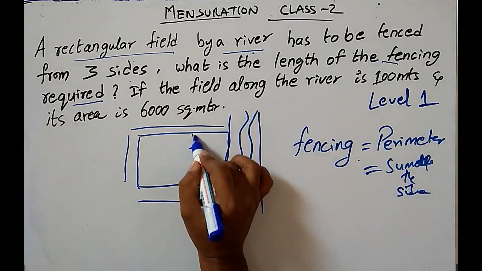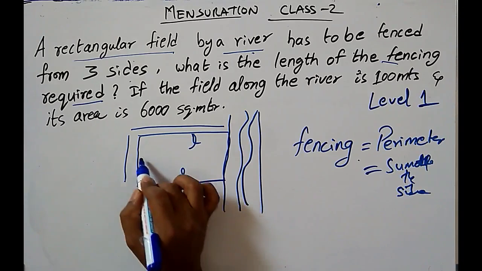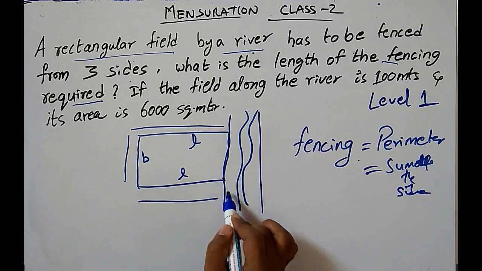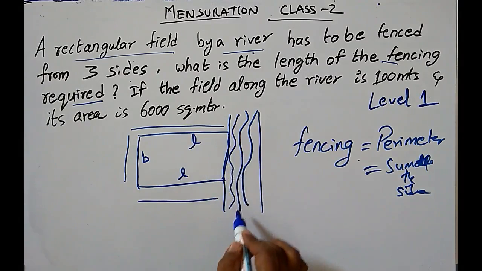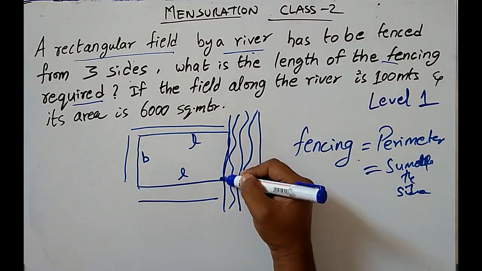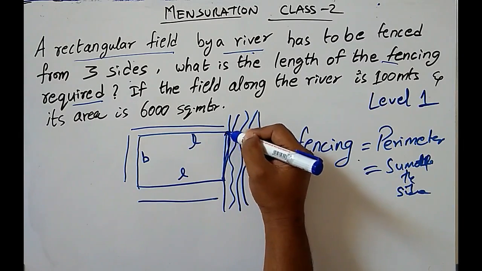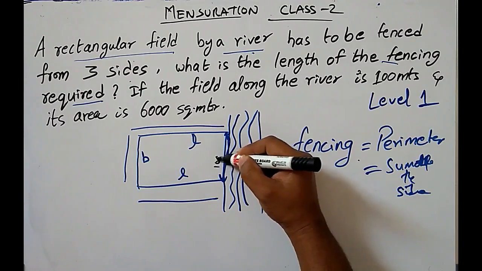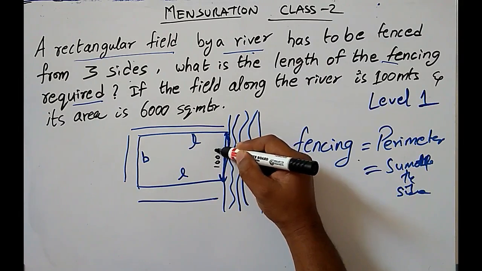Here length and breadth. This side we are not fencing, friends, because there is a river going along the side of the rectangle. The field along the river is 100 meters.